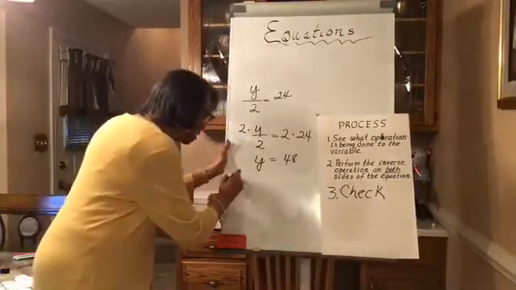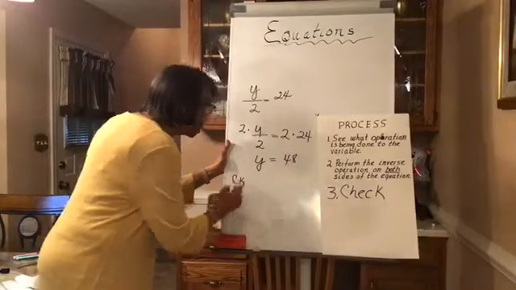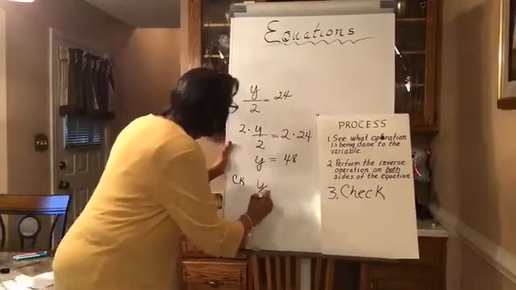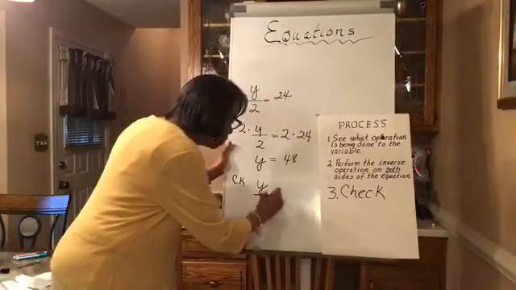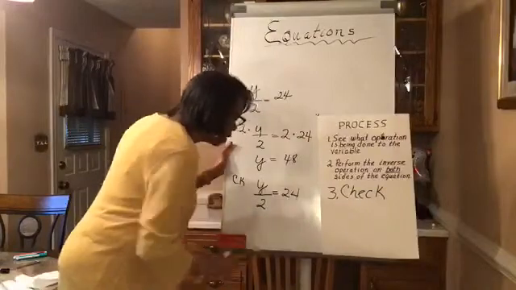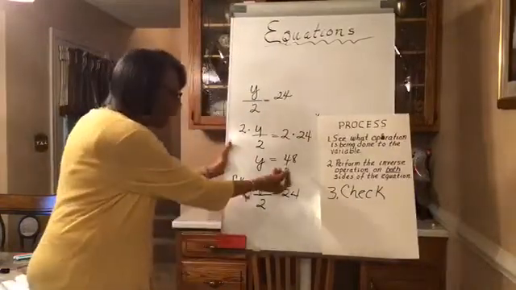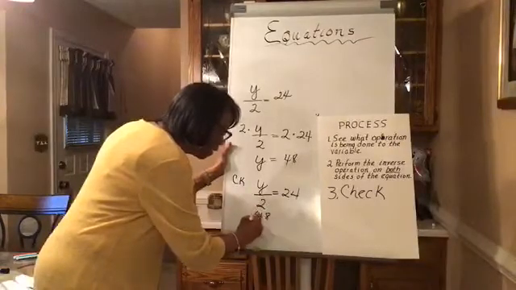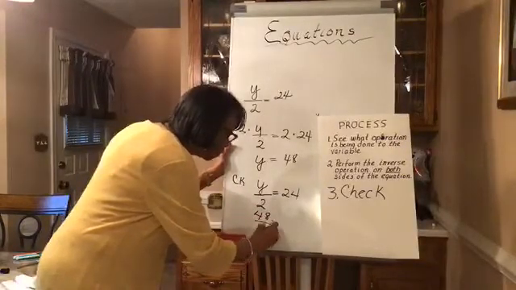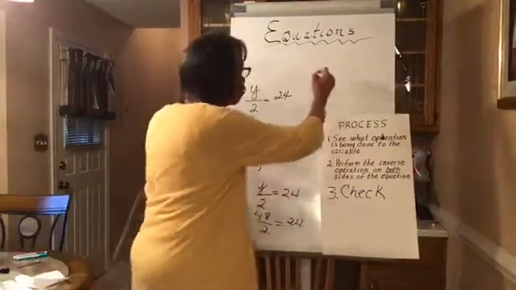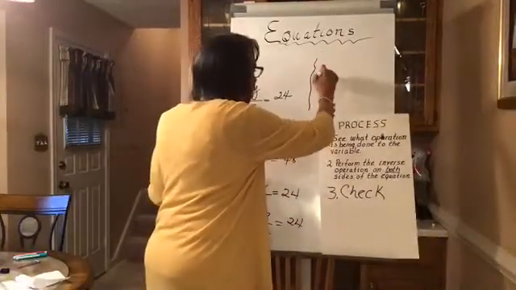Let's check it. y divided by 2 equals 24. We know now that y equals 48. 48 divided by 2 equals 24. This is our scratch paper over here. Let's divide it.